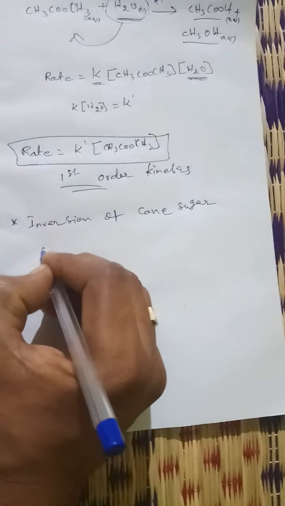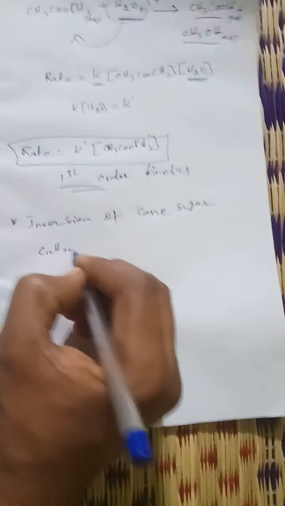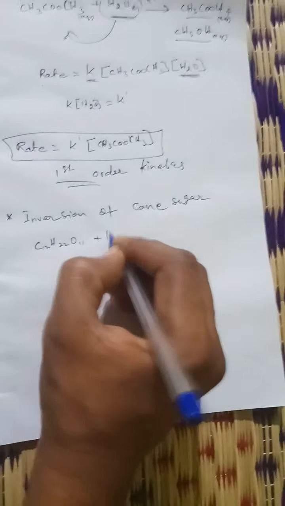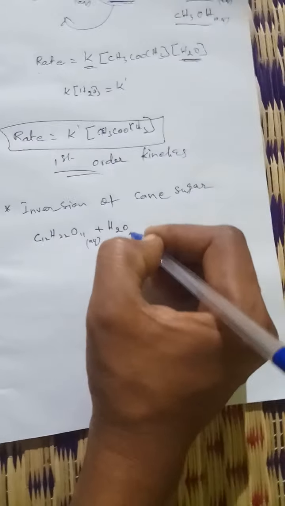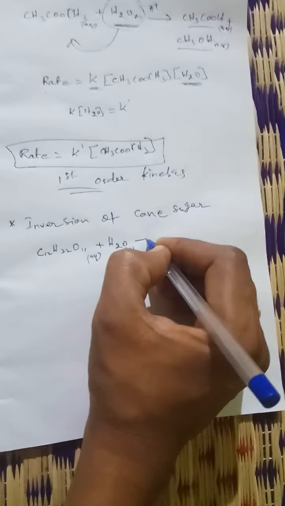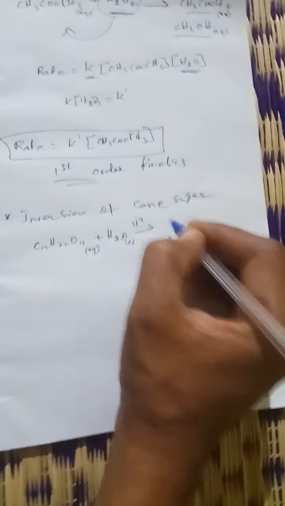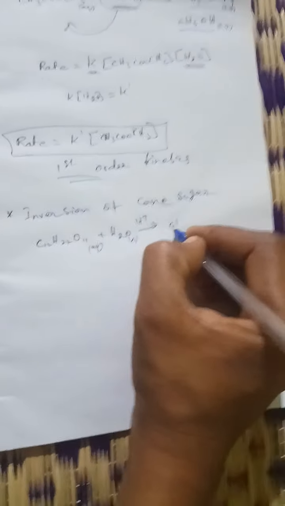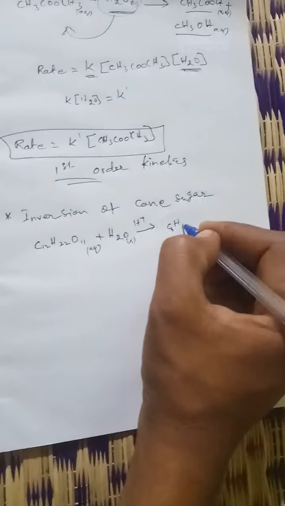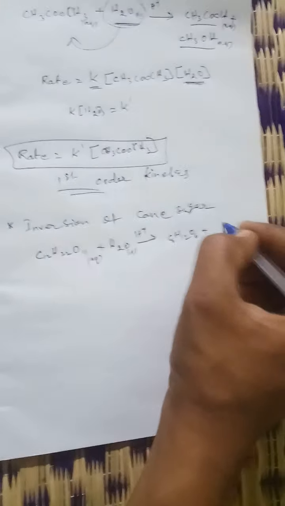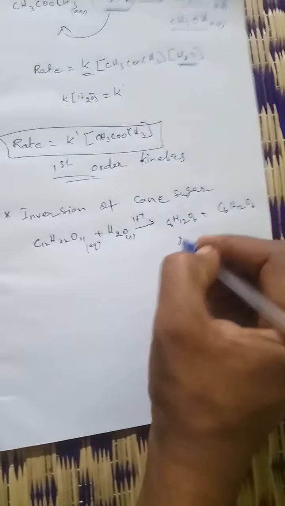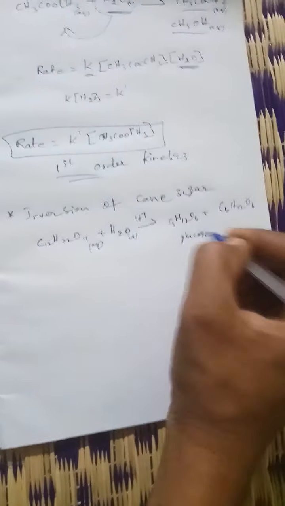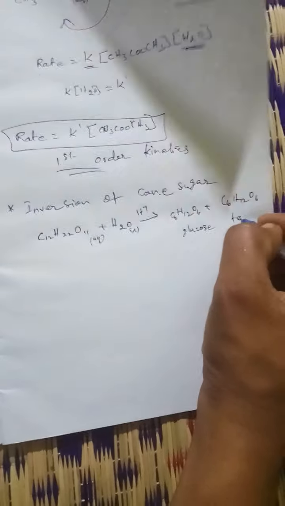So cane sugar molecular formula C12H22O11 plus H2O. The cane sugar is in aqueous solution, water is a liquid. In the presence of mineral acid it gives equal amounts of fructose and glucose molecules, C6H12O6 plus C6H12O6. One is the glucose molecule, another one is the fructose molecule.